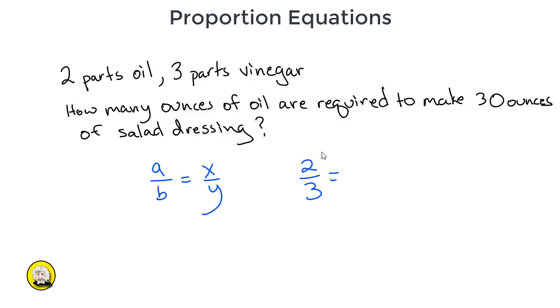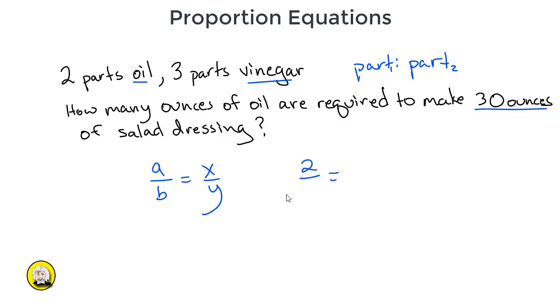But be careful, the ratio we're concerned about is not 2 to 3. Remember, our ratios are set up as part to part. That's the parts of oil to the parts of vinegar. But the problem tells us the total amount of salad dressing, which is the total part. So I would literally have to add part 1 and part 2, oil and vinegar, to get the actual amount of the total.